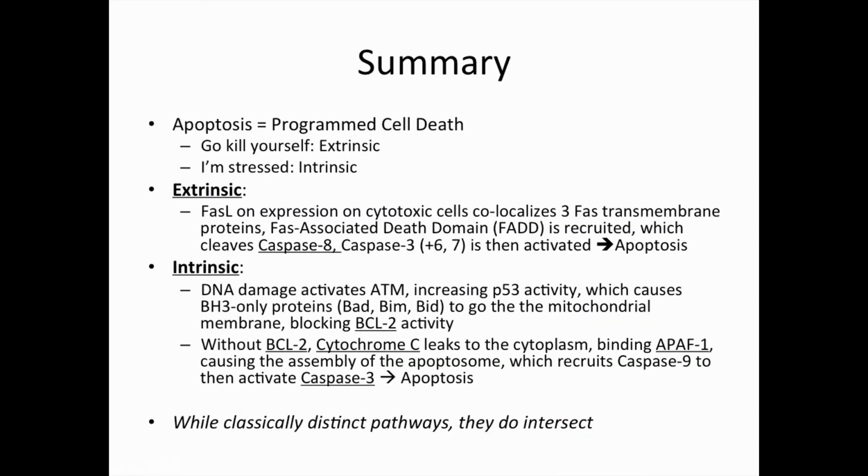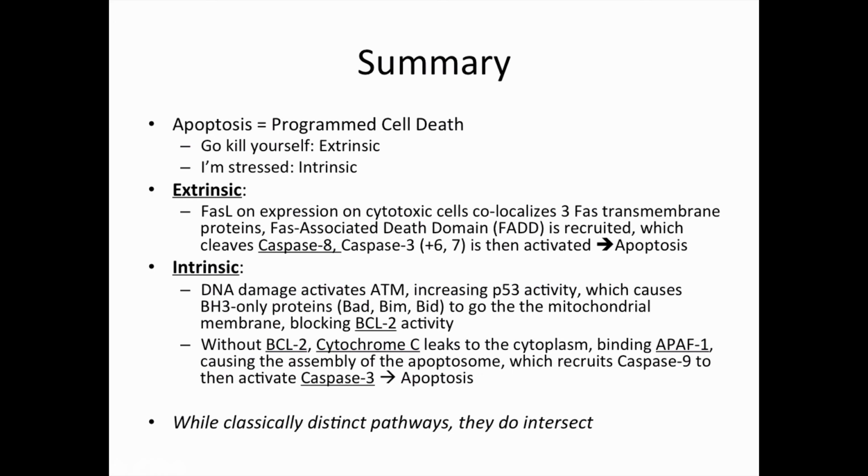So in summary, the big points are the extrinsic pathway is shorter, it's Fas ligand to then Fas-associated death domain. It works through caspase 8, that's big. Then the intrinsic pathway is longer. It first causes DNA damage or lack of survival proteins, etc. So the cell becomes stressed.